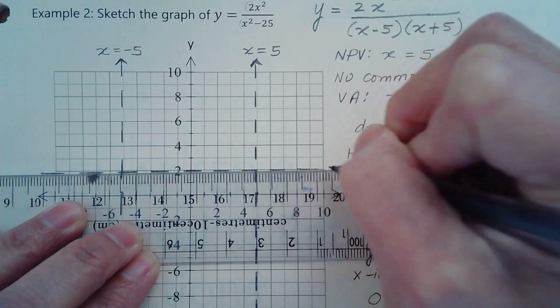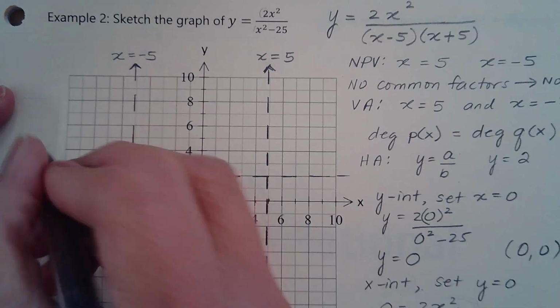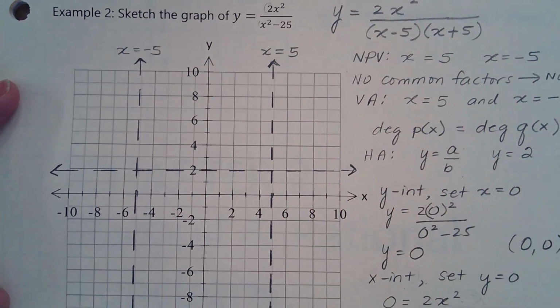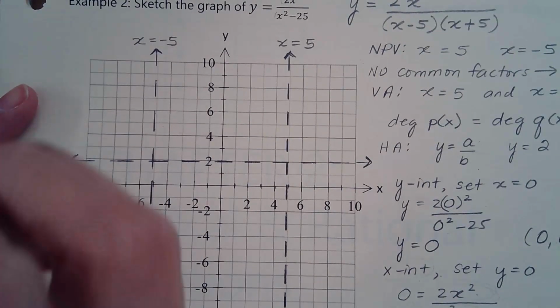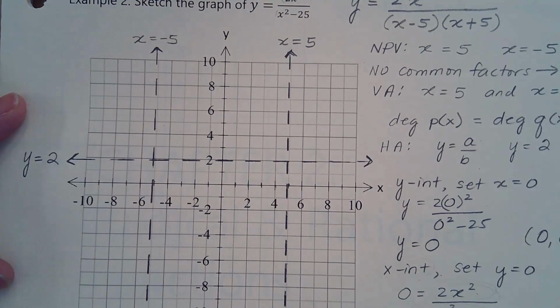Okay, so that's my y equals 2, and I'm also going to put an arrow on each end. And I'm going to identify that as my asymptote, so it's y equals positive 2.